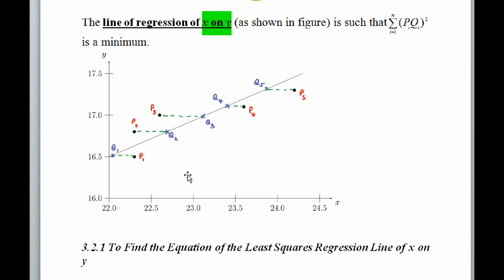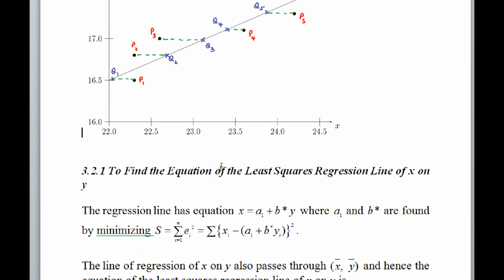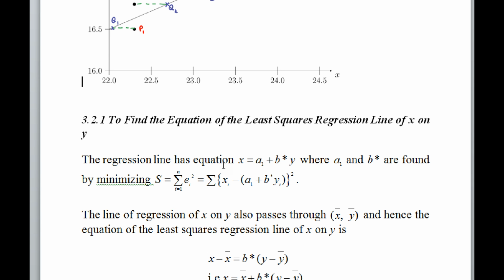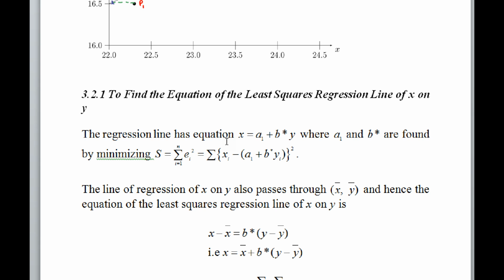Now the principle is important, the how is quite standard. The how is really very standard. You are trying to minimize the horizontal distance in order to find the regression line of x on y. Okay? How do we find it? No big deal. No big deal. Okay?